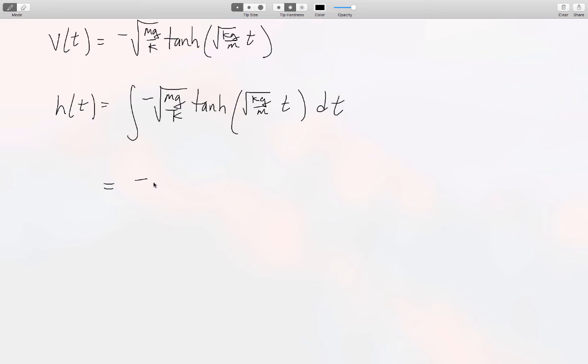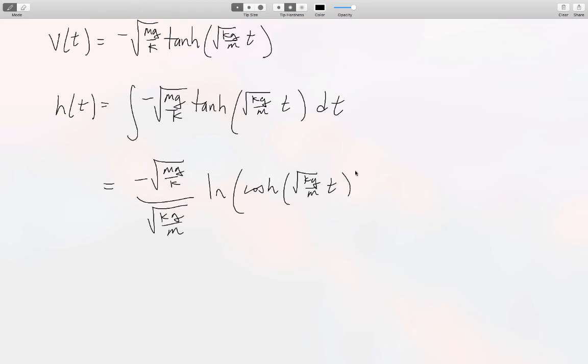So it's negative square root mg over k over that thing, square root kg over m, ln cosine hyperbolic of that argument. Plus a constant from the integration.